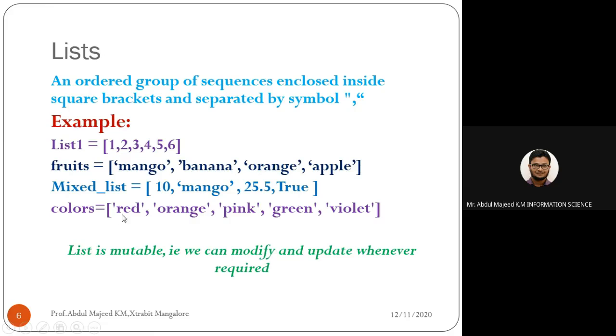Clear? So like this you can create any type of list. In our turtle program, we are using the list called colors to assign various colors for our graphics. List is mutable. That is, we can modify and update it whenever required.